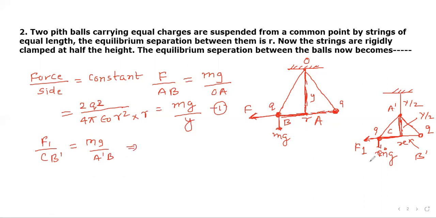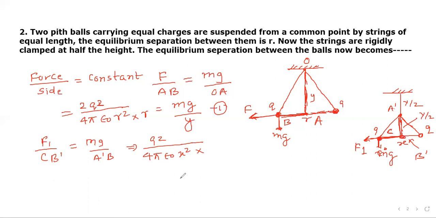This time F1 is the force of repulsion, so that is equal to q square divided by 4 pi epsilon naught x square, times CB dash.